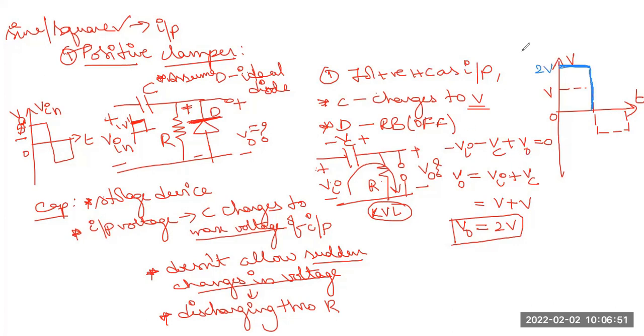Now, let us analyze this for the negative half cycle. So can anyone say what happens for the negative half cycle? Quickly. So for the negative half cycle, what is happening?